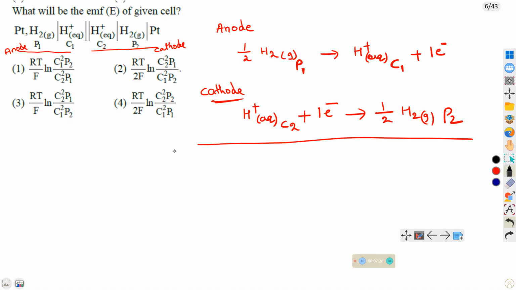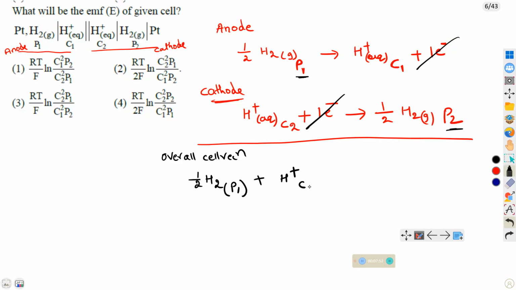Then overall cell reaction: 1 electron gets cancelled, but half H2 is at P1 here and half H2 is at P2 there. So half H2 P1 plus H plus C2 gives rise to H plus C1 plus half H2 P2.